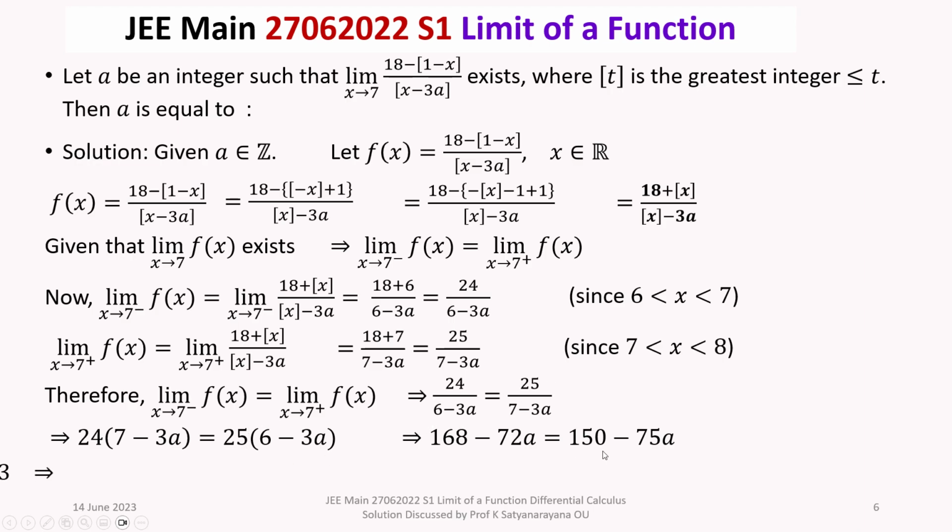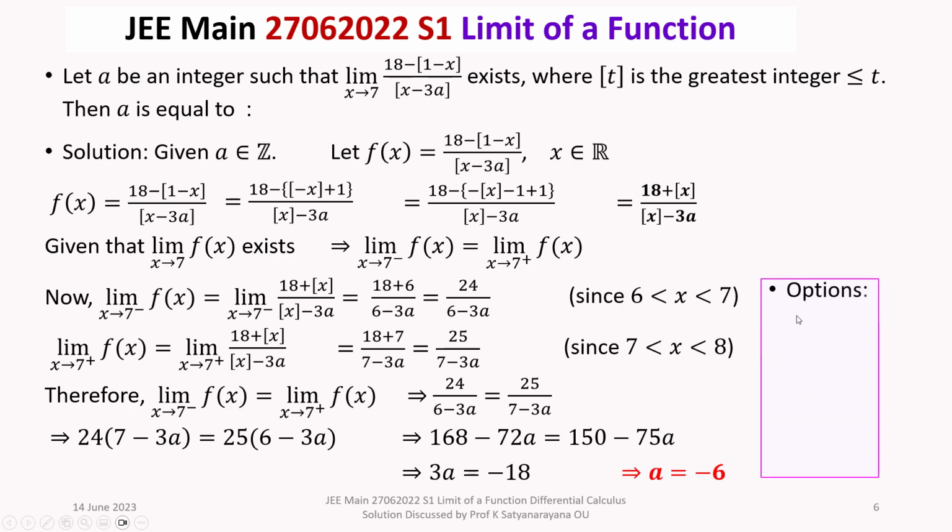Multiply and simplify, you will get 3a is equal to minus 18. This implies a is equal to minus 6. Therefore, the value of the integer a is minus 6, such that the limit as x tends to 7 of this function exists. That function involves the GIF, that is the greatest integer function.